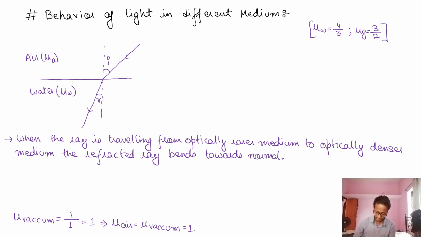Okay, the refracted ray bends towards normal. Now what do I mean? When the ray travels from optically rarer medium to optically denser medium, the ray bends towards the normal.